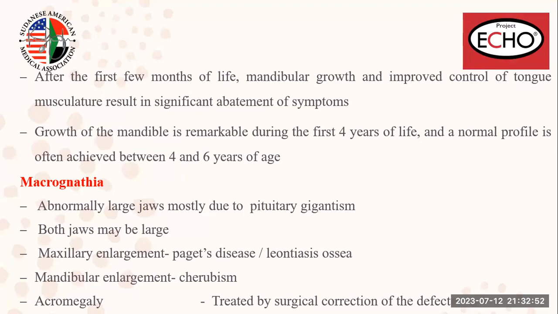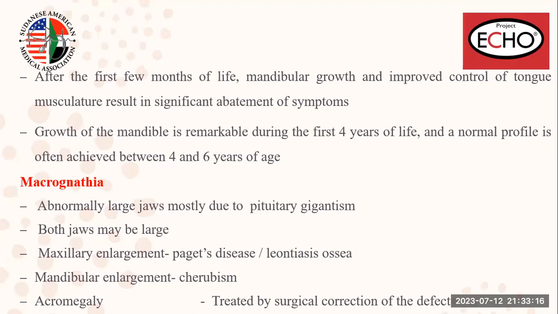Now moving on to macrognathia, it means abnormally large jaws, mostly due to pituitary gigantism, which is a problem in the pituitary gland leading to much more release or secretion of hormones, usually growth hormones and so on. It may affect both jaws.